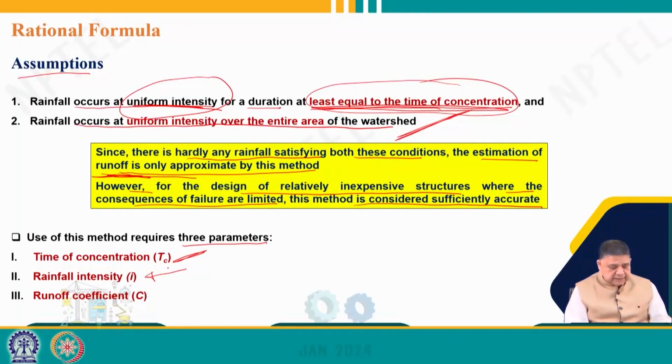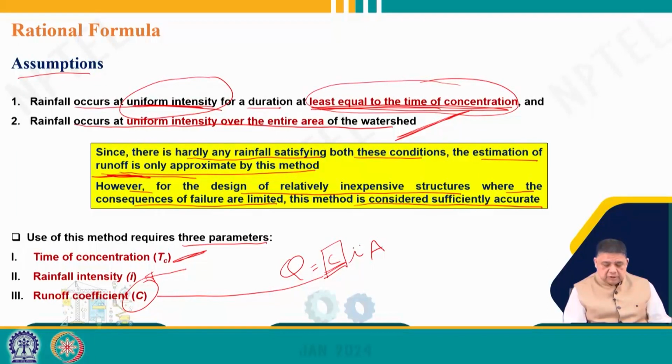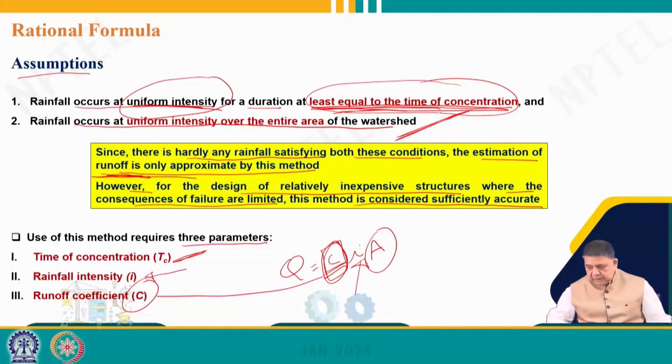So, I and Tc are linked, and of course, the runoff coefficient, if you remember we said that Q equals CIA. So, this is the runoff coefficient we are talking about. This parameter also is very important, and we have to have a fair idea of what this parameter is about. If we know all these things, the area of course is very easy to get. Of course, C will require the watershed characteristics considerations, and intensity will require the time of concentration, because its duration is linked to the time of concentration. That is why this method is vital.